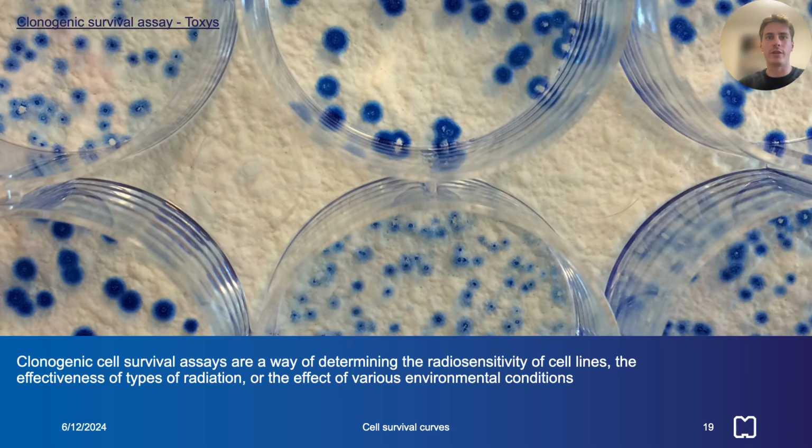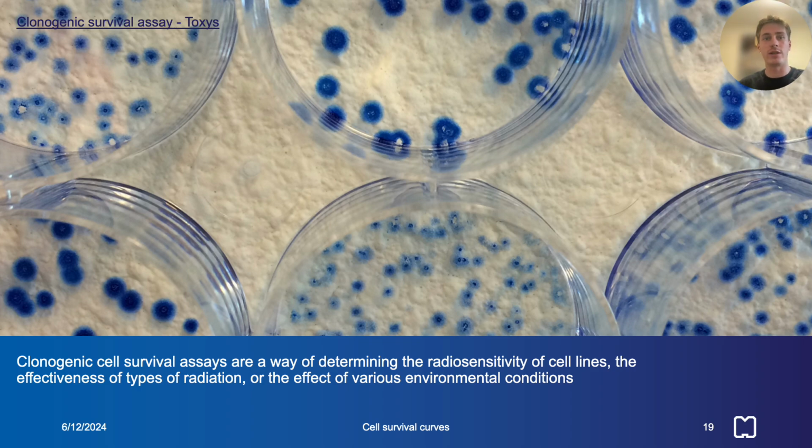Cells grown in culture that are lethally irradiated may fail to show evidence of changes for long periods. However, reproductive failure will eventually occur. The most direct way of evaluating a single cell's ability to proliferate is to wait until cell divisions have occurred to form a visible colony, as you can see in this image.